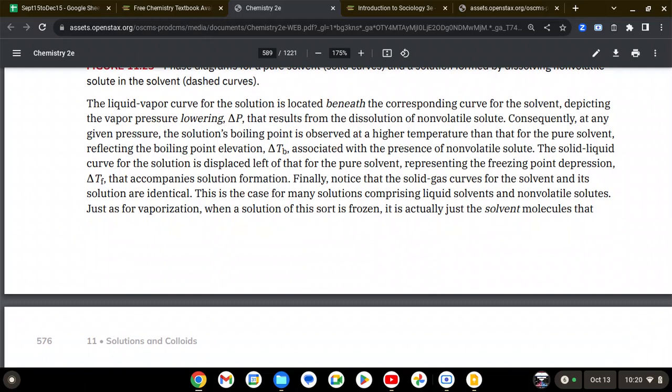Consequently, at any given pressure, the solution's boiling point is observed at a higher temperature than that for the pure solvent, reflecting the boiling point elevation, delta Tb, associated with the presence of non-volatile solute.